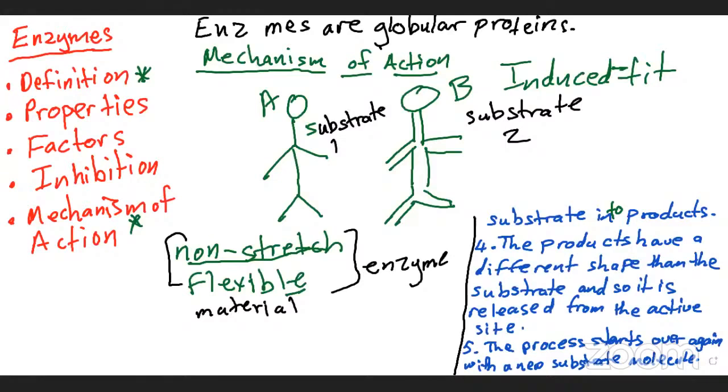If you have any question, you can ask. So the key difference here is that the enzyme is going to change its shape to fit the substrate. So we are not viewing it that the substrate is specific for the enzyme, but rather the enzyme is going to change its shape to fit the substrate.